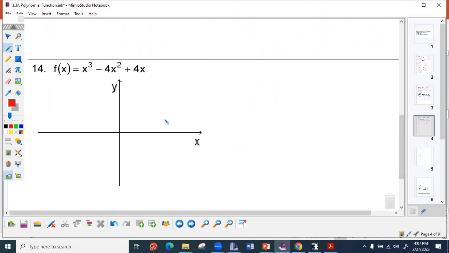We should always start with our GCF. What is the GCF here? X, 1x, right? So I can take out 1x from everybody, which is going to equal x times x squared minus 4x plus 4. Okay, this is a simple factor. So I'm asking myself what multiplies to give me 4, but adds to give me negative 4.